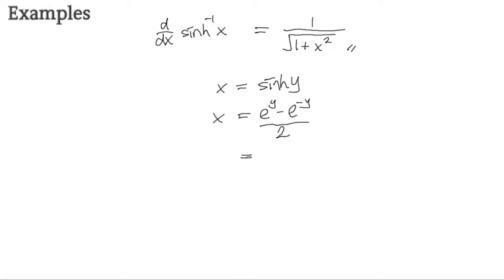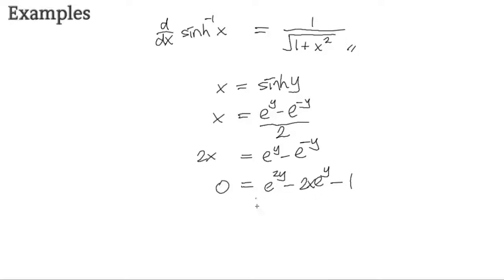By rearranging, we have 2x is e to the y take e to the minus y. The clever thing here is to multiply everything by e to the y, such that after rearranging to 0 on the left, we have e to the 2y take 2x e to the y take 1 as a quadratic.